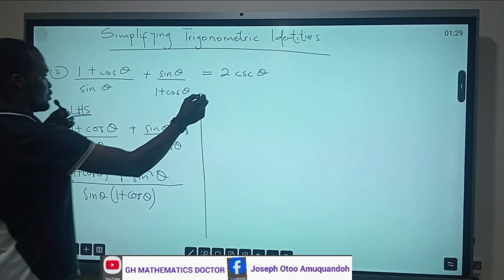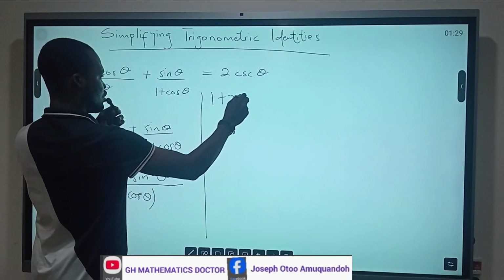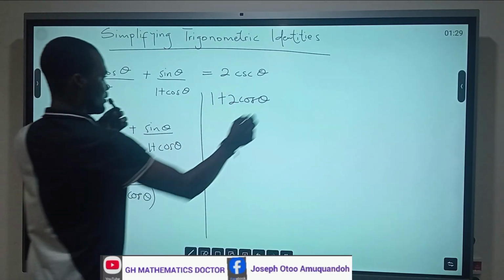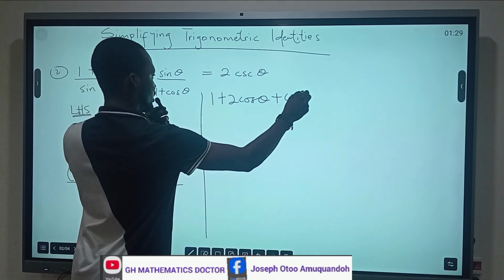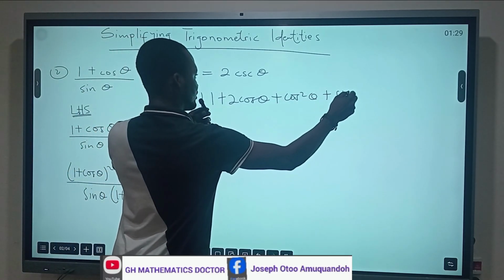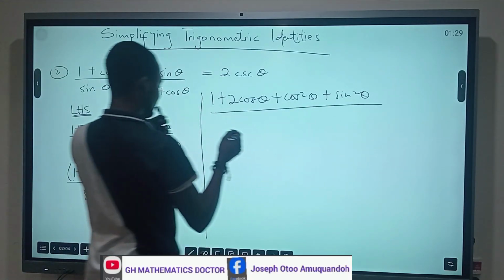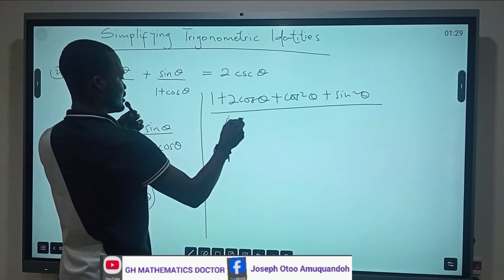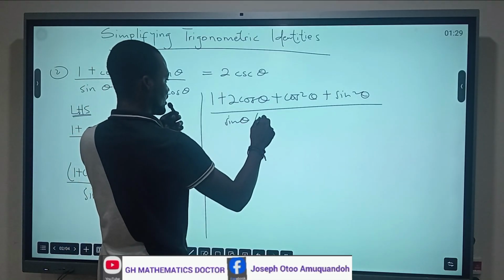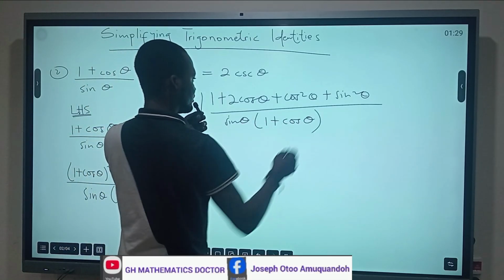So we are going to have 1 plus 2 cos theta plus cos square theta, then plus sine square theta for this one, all over sine theta multiplied by 1 plus cos theta.